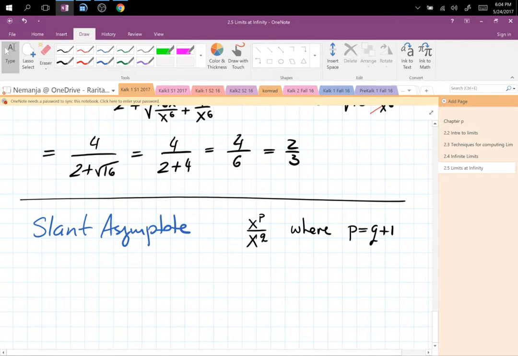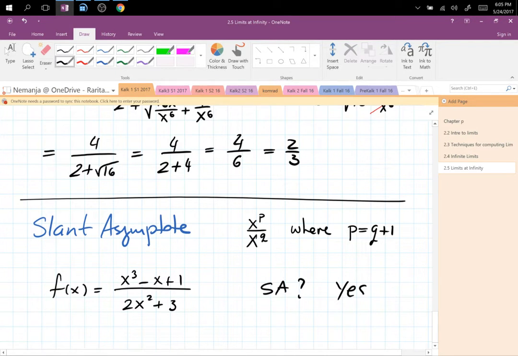And if you think about it a little bit, clearly upon the long division, when you divide, you will get a linear equation. So if you have a function f of x equals x cubed minus x plus 1 divided by, I don't know, 2x squared plus 3, is there a slant asymptote?